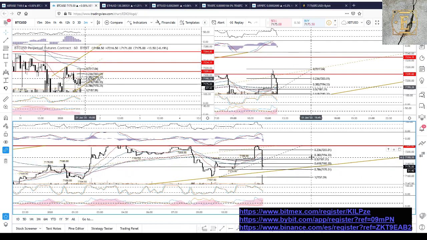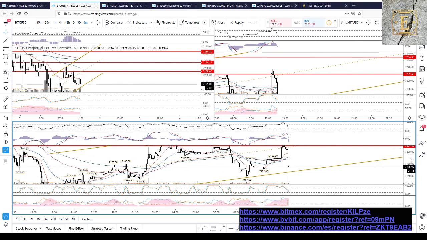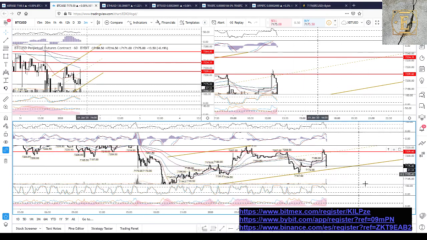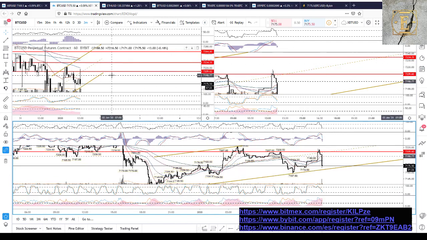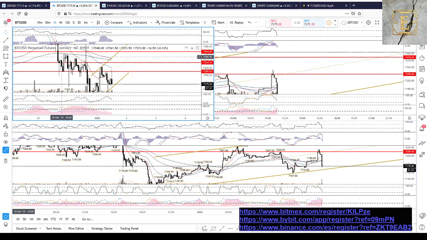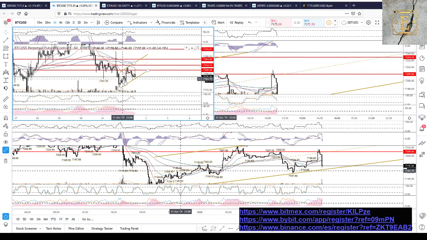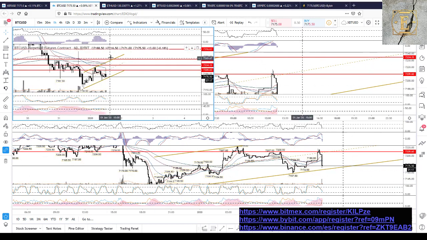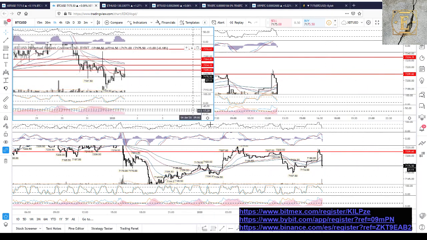Okay, let's redo this, because now we've got, so this is an example. Okay, so look at the 1 hour. This channel is going to break. It's not a channel, you know, but this tendency should break this trend line here.